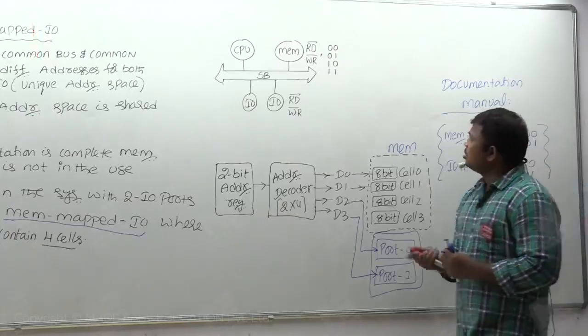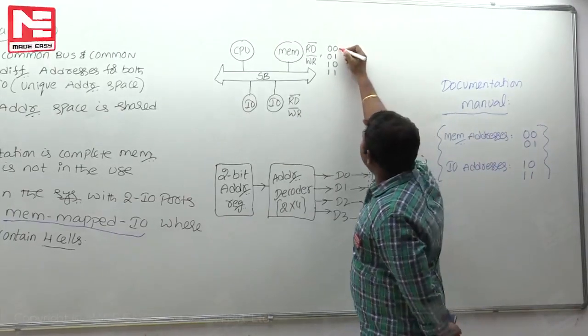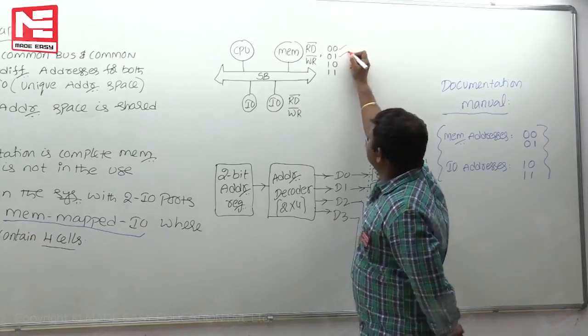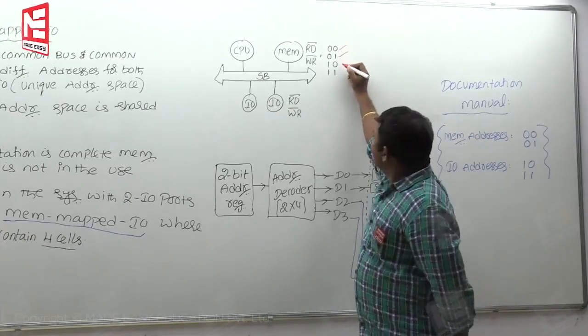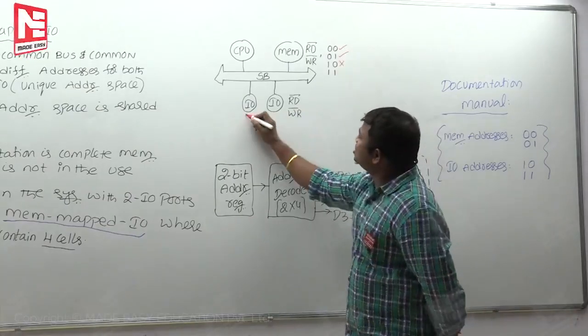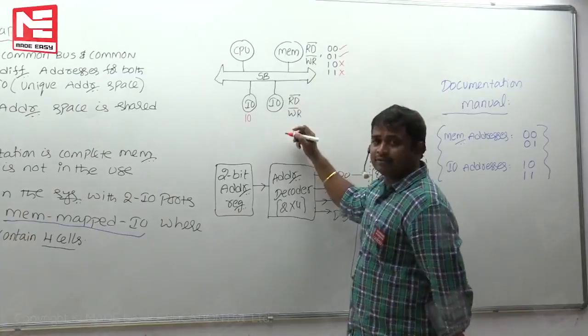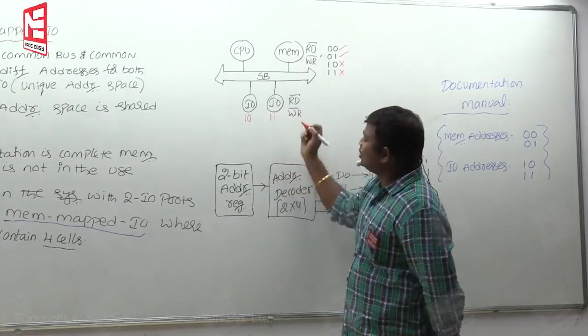Clear now? So, in the 4 addresses, 00 address is in use, 01 address is in use. 10 addressed cell is not in use because 10 address is assigned to port. 11 address is not in use because that address is assigned to port.